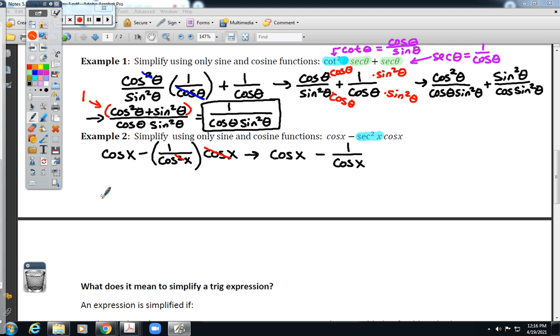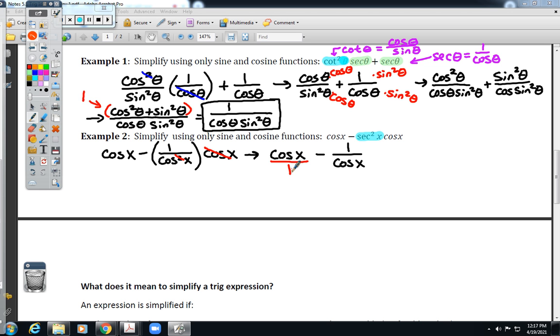So now we have two terms. If we get a common denominator, we could combine them into one term. So our next step would be to get a common denominator. Cosine right now is over 1. And the common denominator would be cosine.